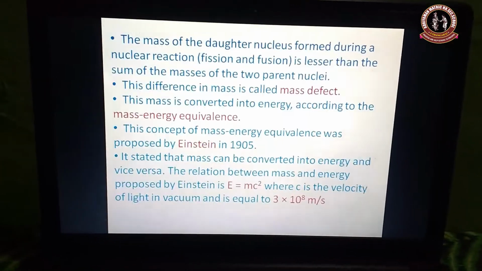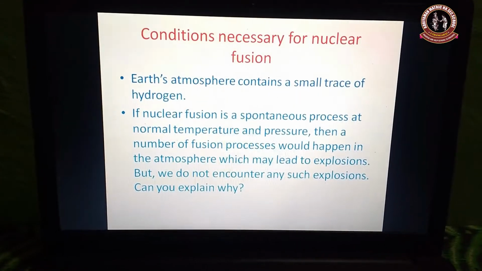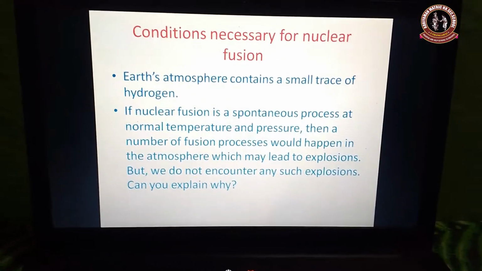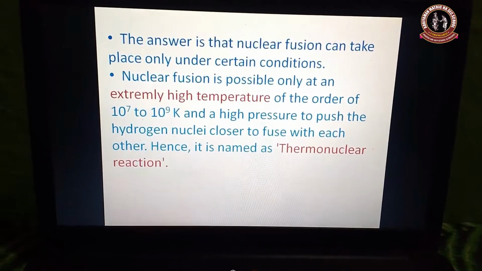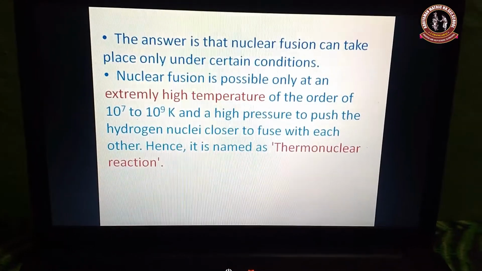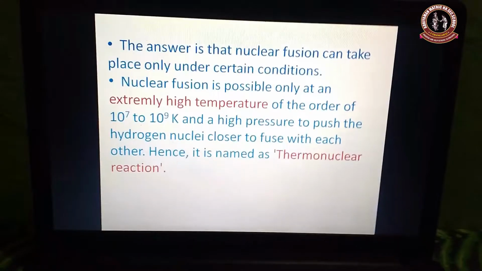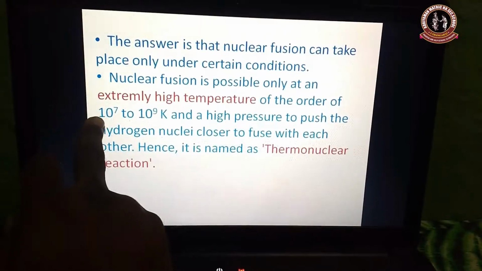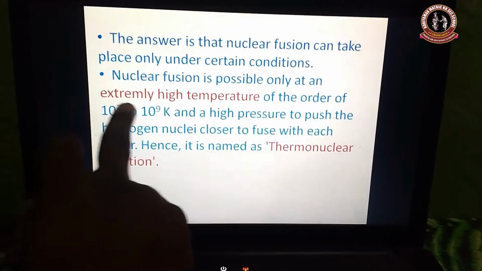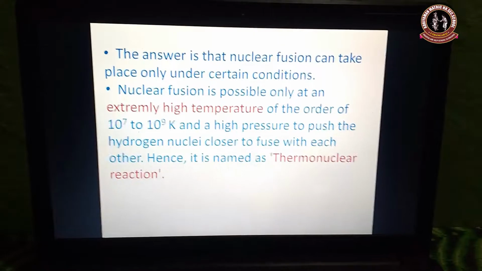So when a nuclear fusion reaction happens, we have to apply heat energy to the parent nucleus. How much heat energy is needed? An extremely high temperature is required, in the range of 10^7 Kelvin to 10^9 Kelvin.